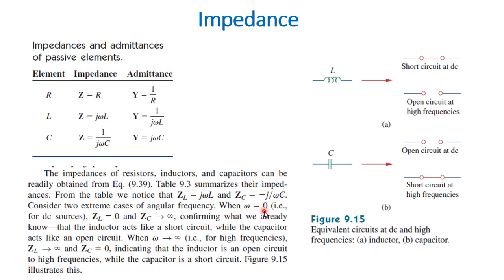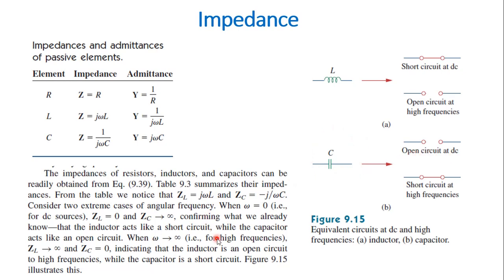So ZL is equal to 0 because omega is 0. Similarly, ZC, the impedance of the capacitor, becomes infinity. We already know that when a DC source is connected to an inductor, it becomes a short circuit, and if it is connected to a capacitor, it becomes an open circuit.